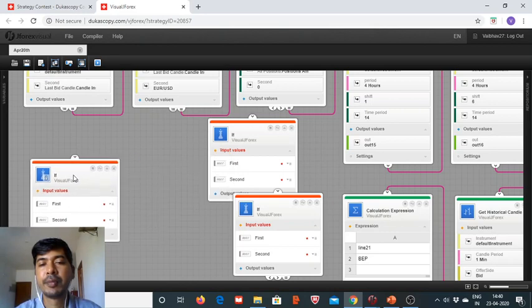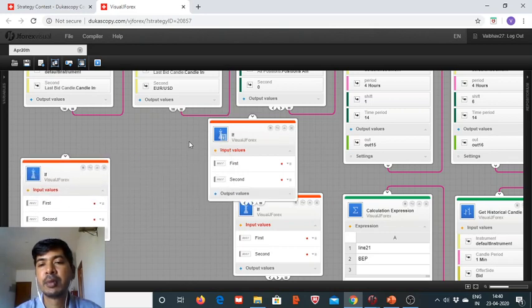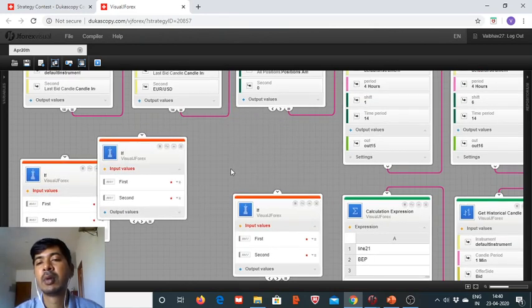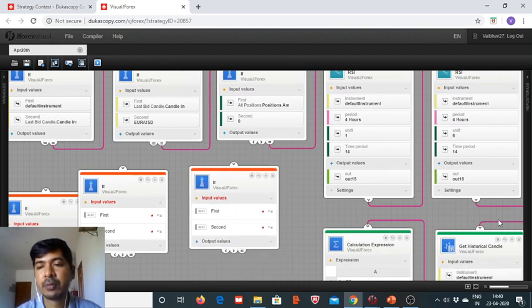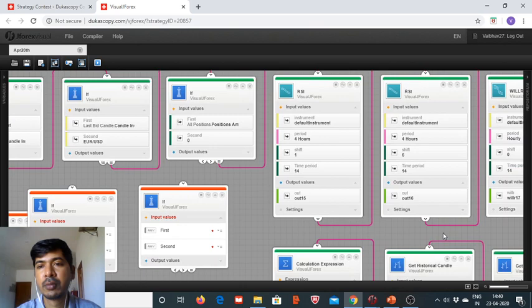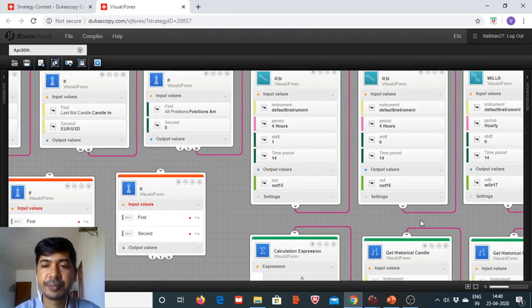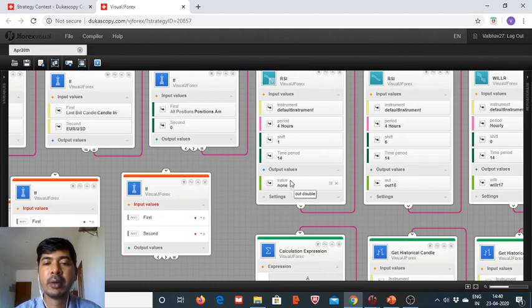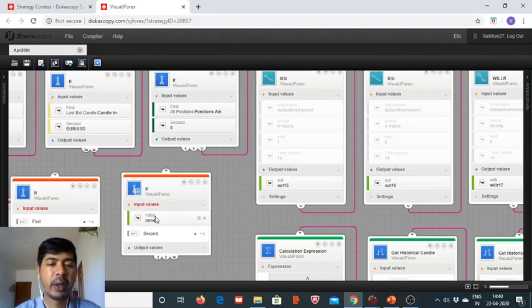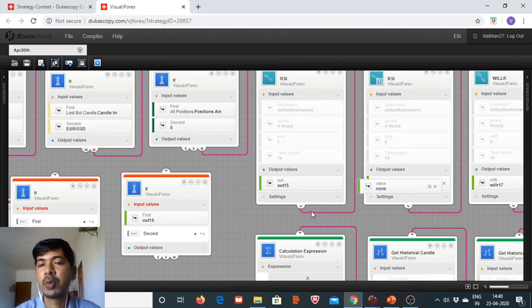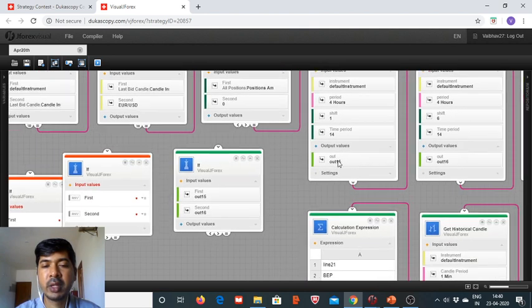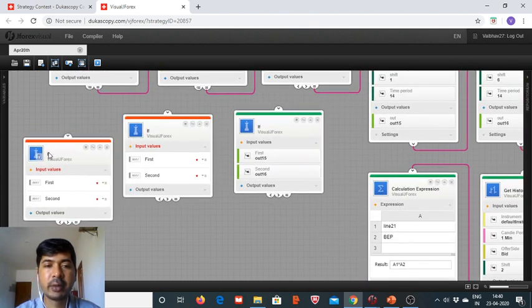Now here we will need to look at the RSI value, shift 1 and then shift 6, and for the sell side it should be falling.